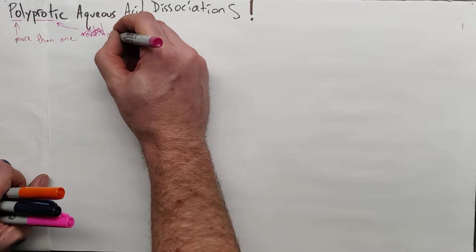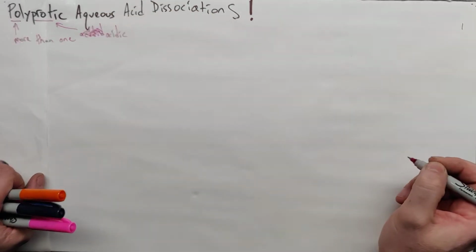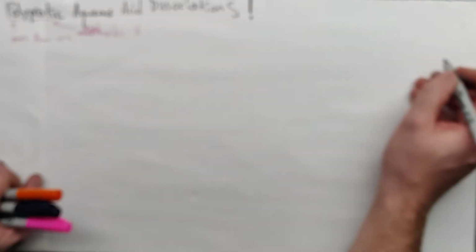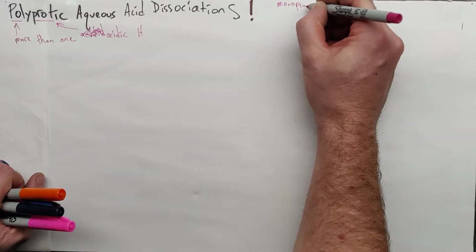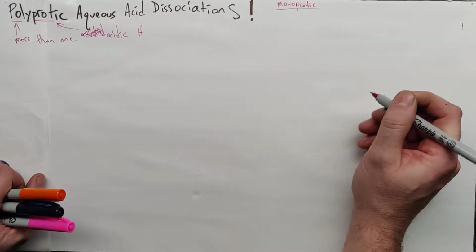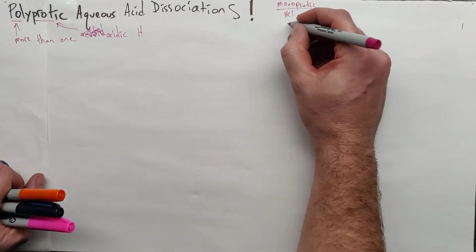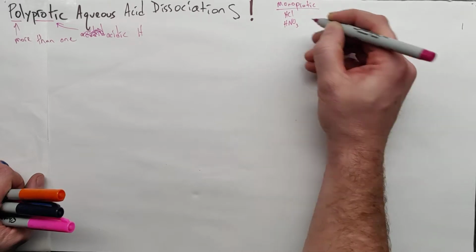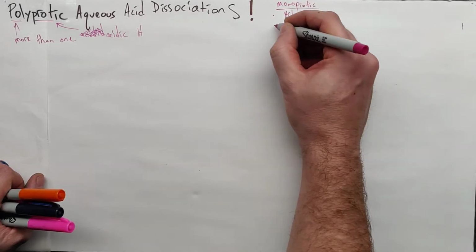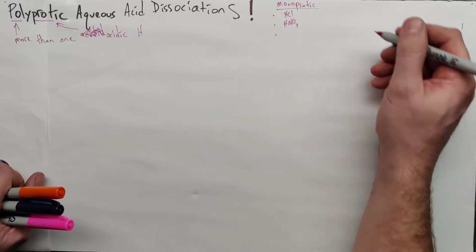More than one acidic hydrogen. So if we're looking at monoprotic species, which is traditionally what we've seen so far, you think of things like HCl, which has one H, or HNO3, which has one H, or maybe something less obvious like what I'm going to write in a minute.